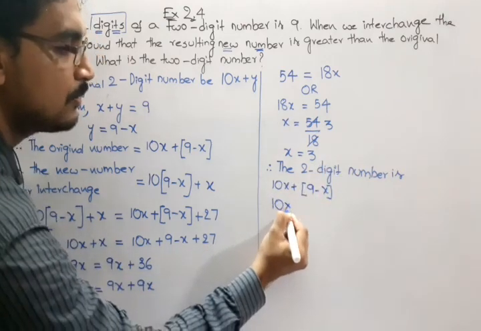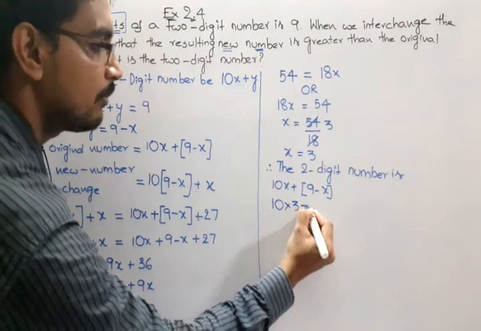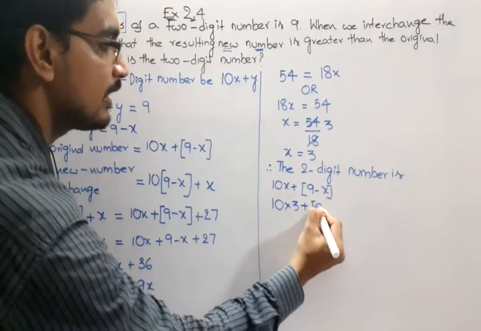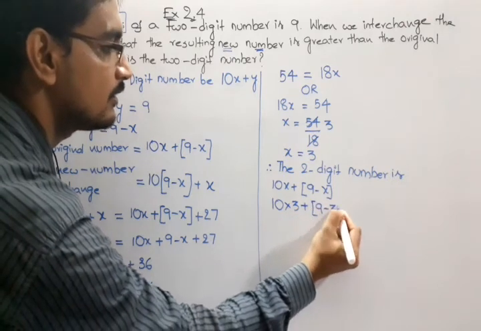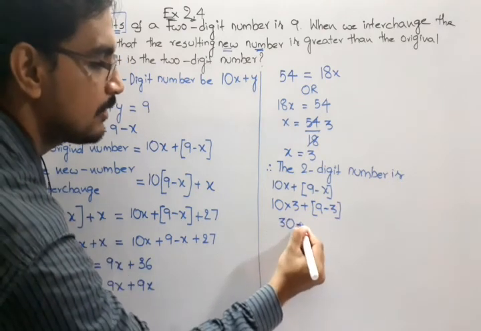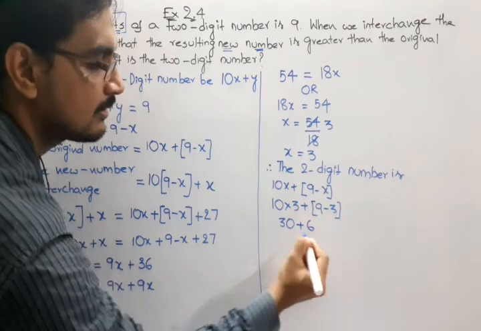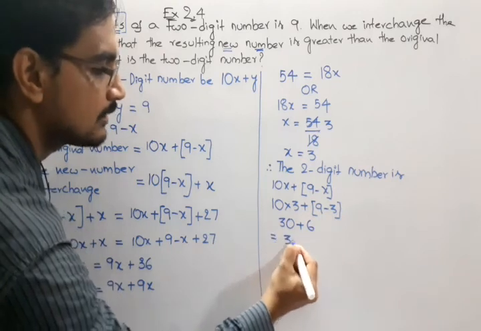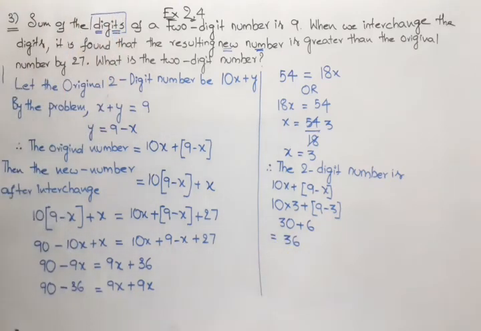So 10 into x value is 3, plus 9 minus x value is 3. So 10 into 3 is 30. 30 plus 9 minus 3, 6. That is equal to 36. Therefore, the original number that we have to get through this question is 36.